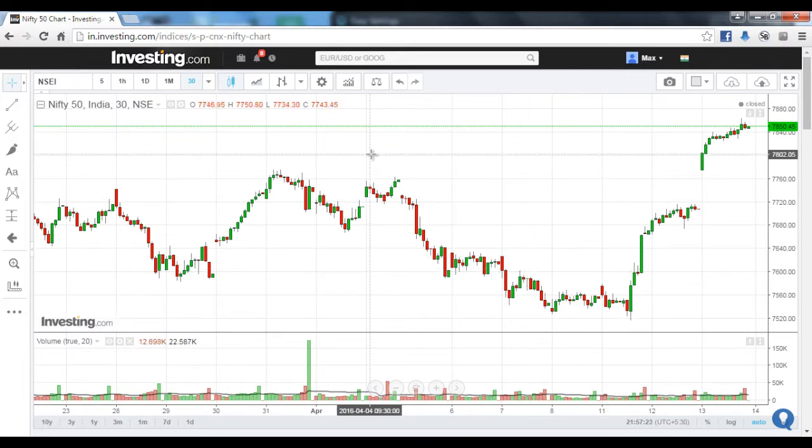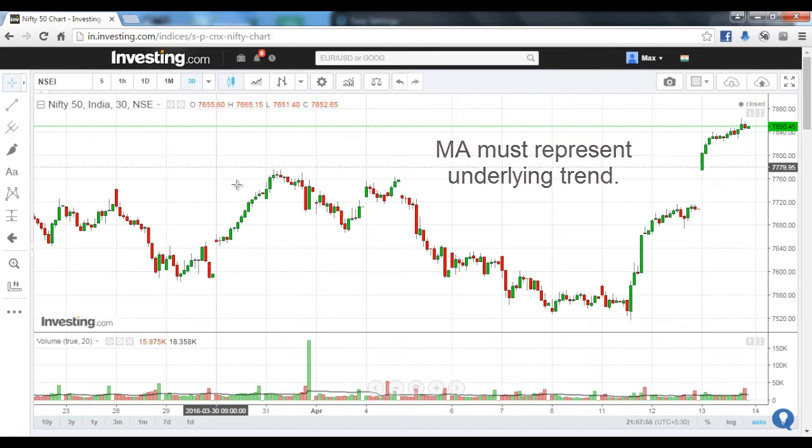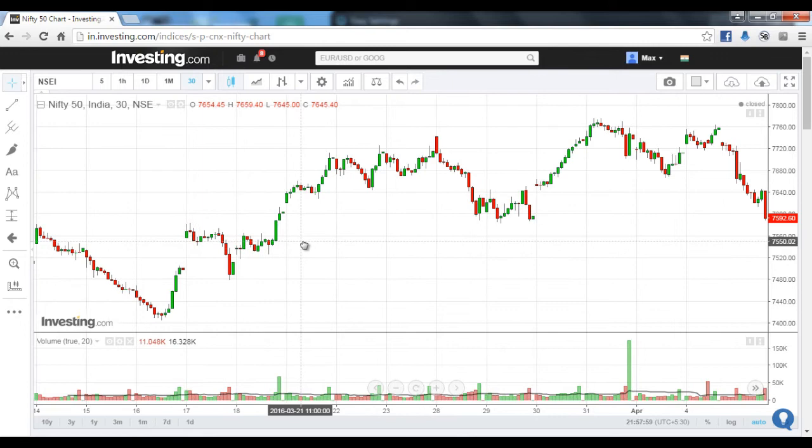So this is a 30-minute chart of Nifty. Now the very first condition of using MA is that whatever parameter you select to draw your MA must identify the underlying trend. So what I will do is, first I will look for a clean uptrend and downtrend.